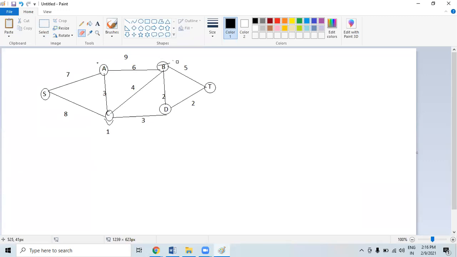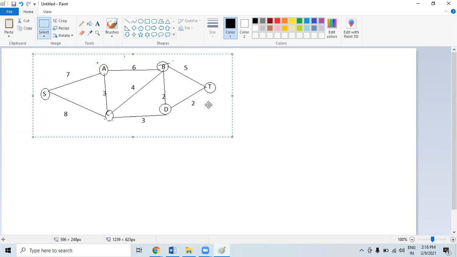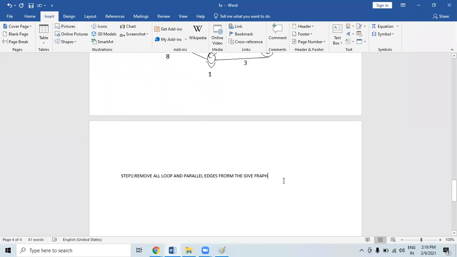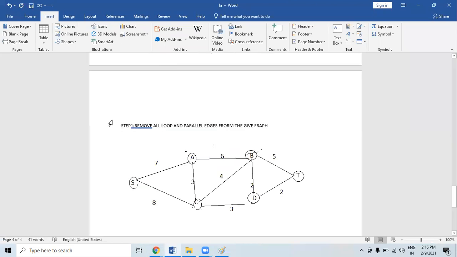Okay, so no need for this, and we have to remove this also according to our first step, right? Our graph will be like this only now after removing the loops. Okay, you know very well this is called a self loop. So we have completed our first step.